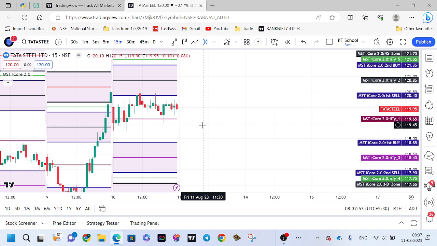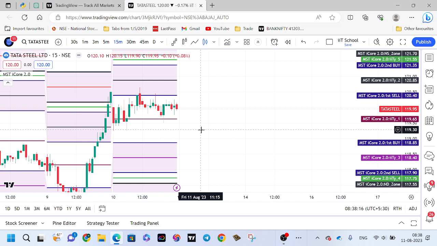rupees profit. But the thing is, you have to trust the system, you have to be patient, you have to maintain your risk management, and you are supposed to aim for consistency. Don't be scared after having entered the market.